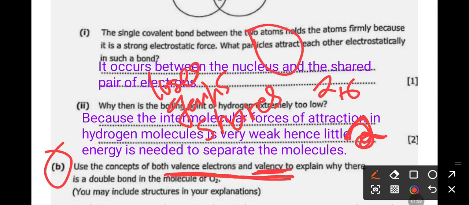So to get to 8, oxygen needs 2 more electrons. So it needs to either share or gain these 2 electrons. Therefore the valency of oxygen is 2, because 2 represents the number of electrons oxygen needs to share or gain to attain a stable electronic configuration.